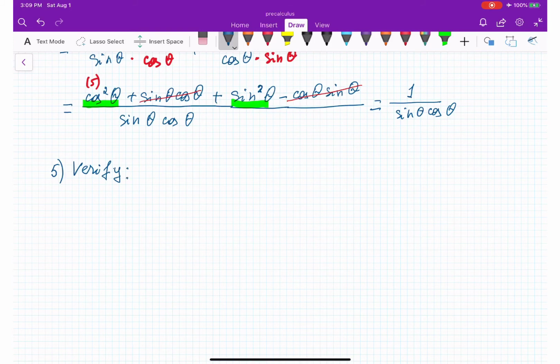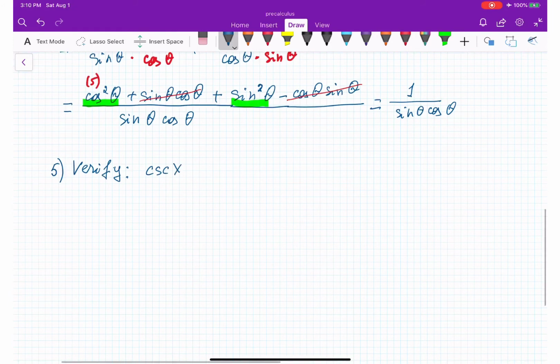Verify, which means we have to show that cosecant x minus cosecant x times cosine squared x is equal to sine x. We need to prove or verify that the left side of the equation equals the right side, that this is a true equation.